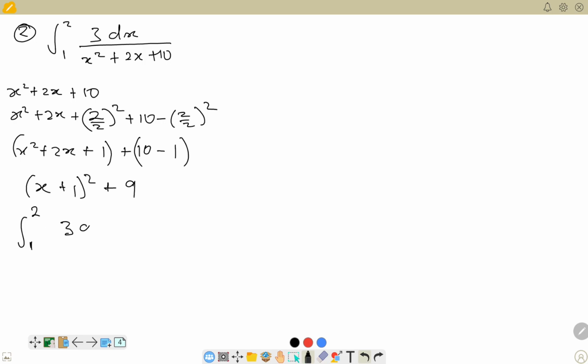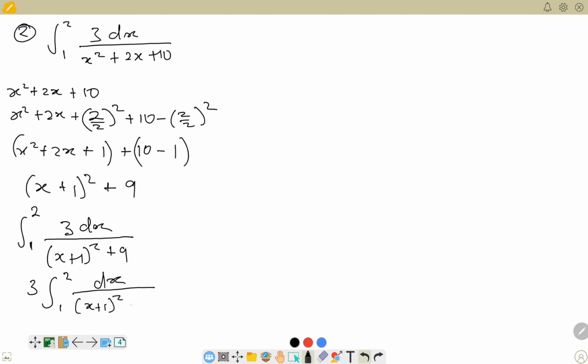Then we'll have 3 dx over the completion of the square form, and we can factor out 3 so that we only have dx there, then x plus 1 all squared plus 9. This 9 can also be written in a square form as 3 to the power 2.